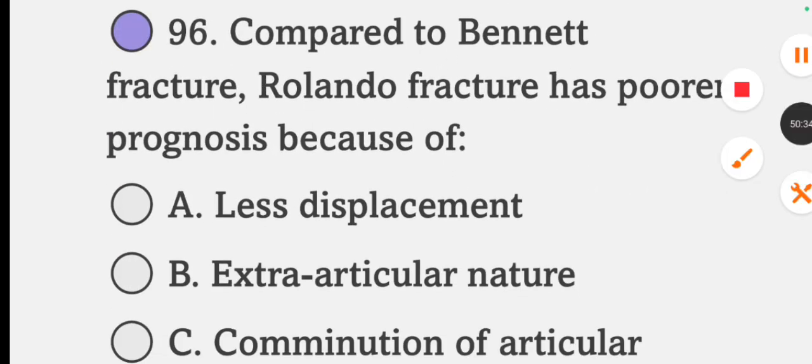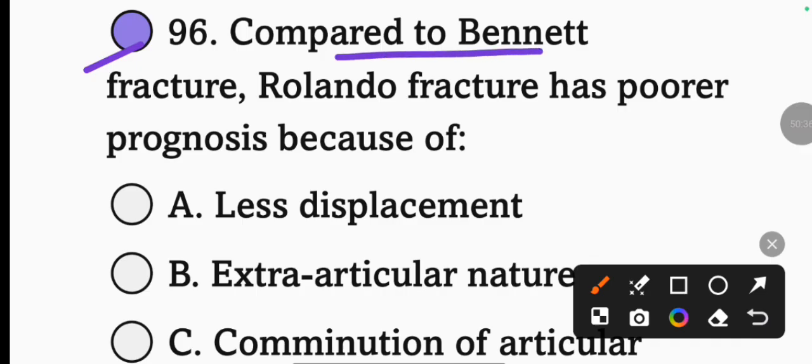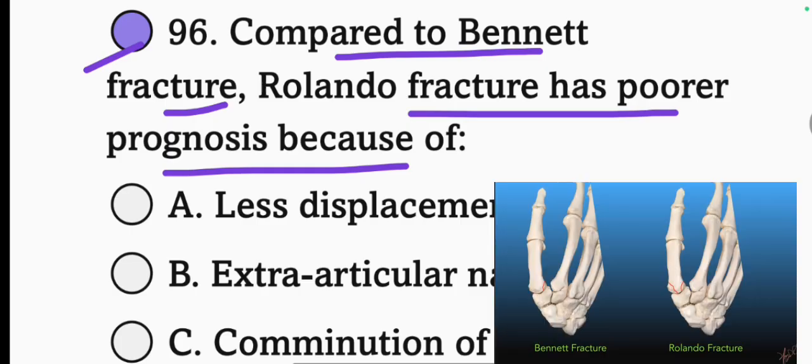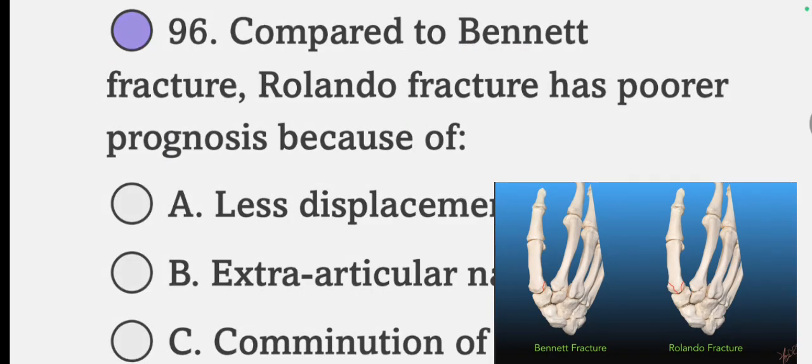Now come to question 96. Compared to Bennett fracture, Rolando fracture has a poor prognosis because of what? Rolando fracture is a comminuted intra-articular fracture of the first metacarpal base, and Bennett fracture is a two-part fracture, usually with a better prognosis compared to Rolando fracture.